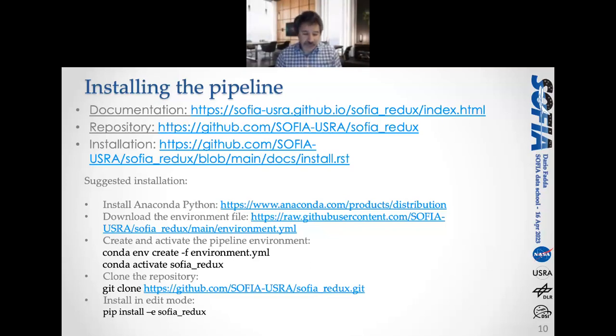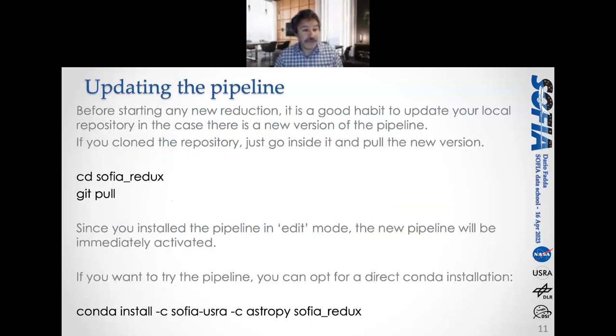And you finally do the installation in kind of developer mode, which is the pip install -e. And this has an advantage: every time there is a change in the pipeline, you can go into the repository, do a git pull, and you immediately have the new version working. And that's what I say here in the next file.